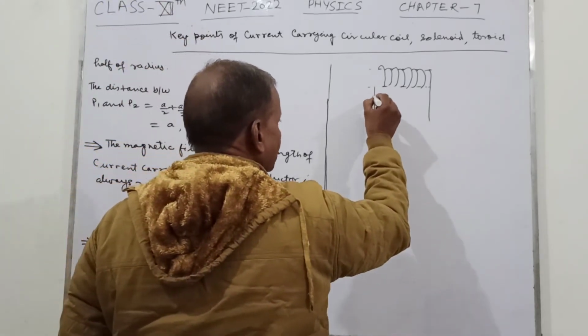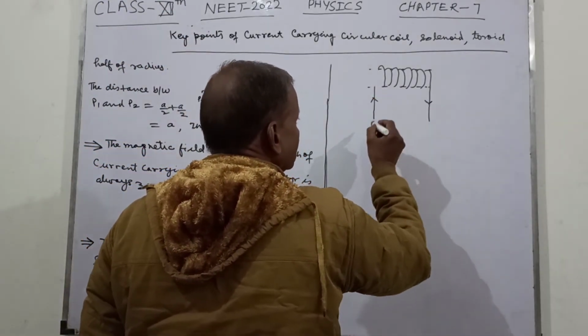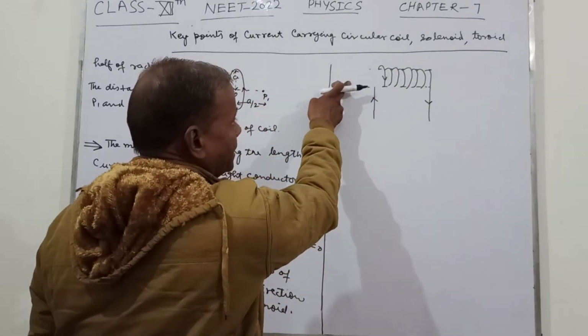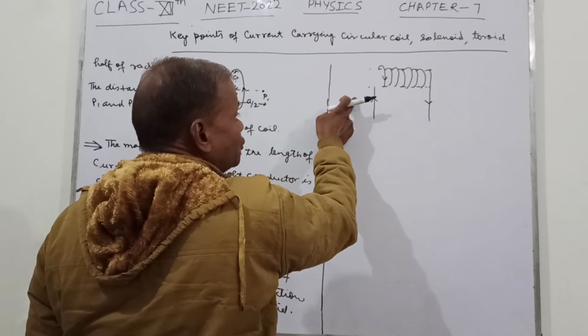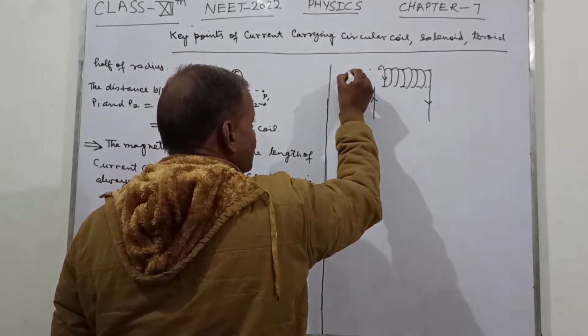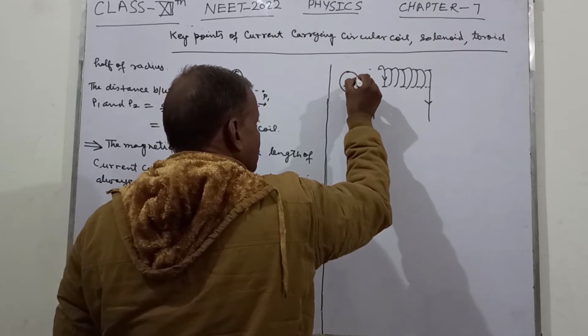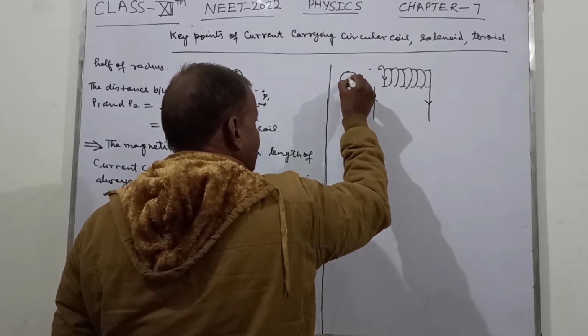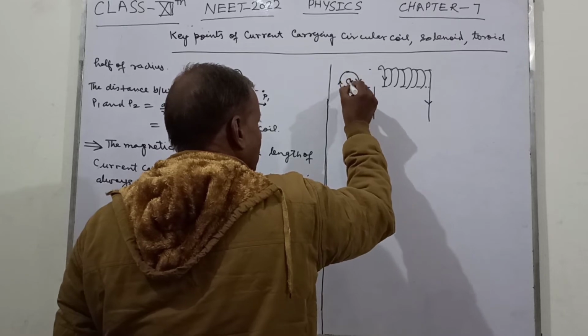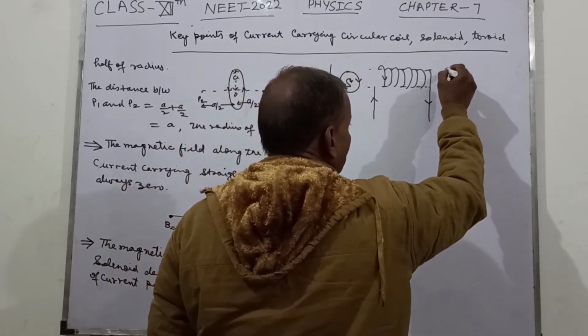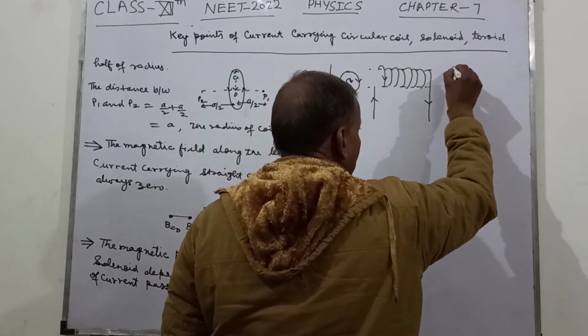The current is going in this direction. Then the current here will be in this direction. If I see on this side, then current is appearing to be clockwise. Clockwise means this is now south pole. This will be south pole, and here the current is going out, so this is the north pole.